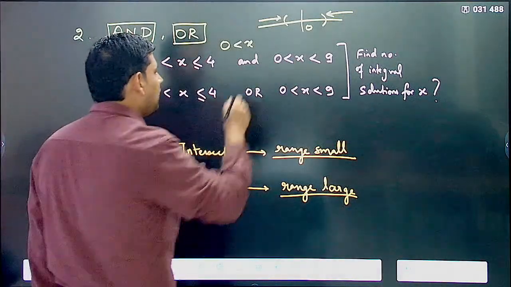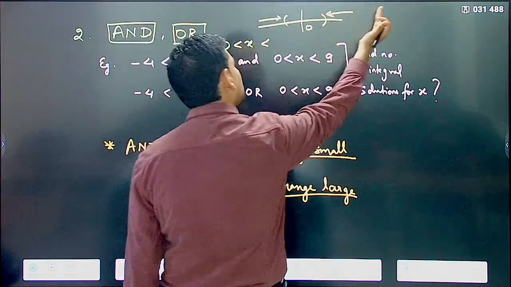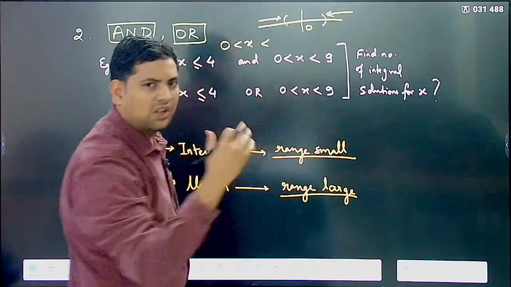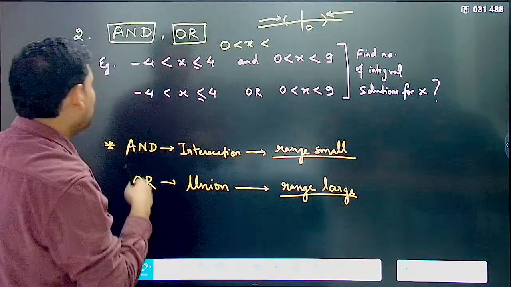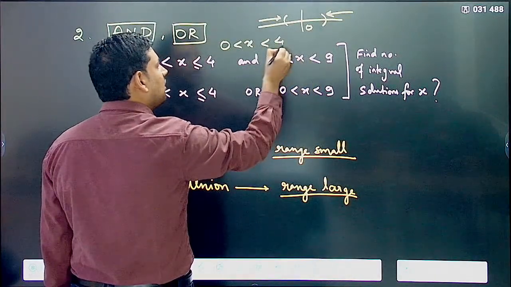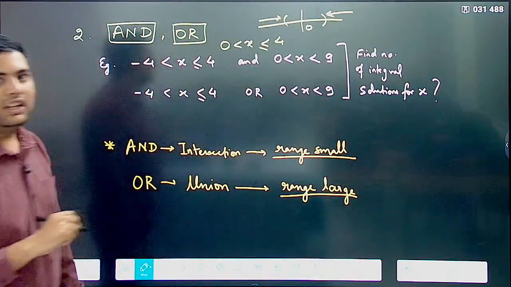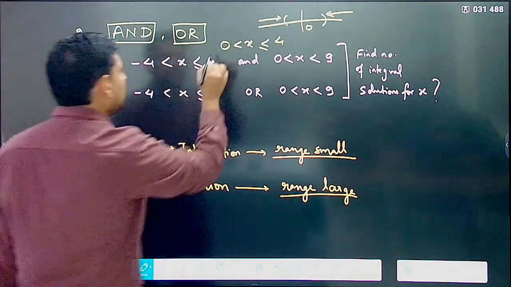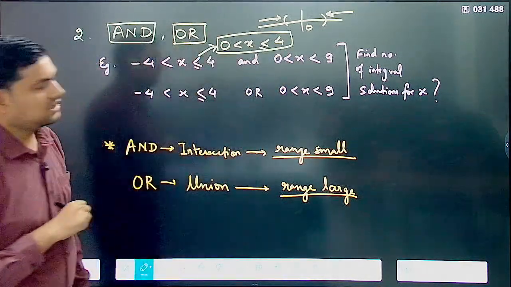Now on this side, I will again try to make the range smaller. So I make it very close to 0, or as small a number as possible. Correct? So now 4 and 9, which is smaller? 4. So 4 will come here. Now here is equality. So you will have equality here as well. This is the answer for this first case.